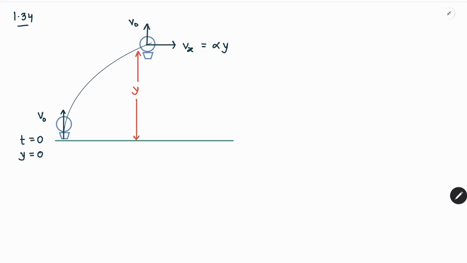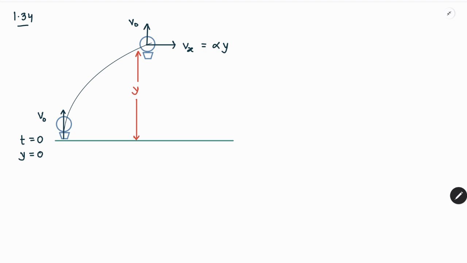Now as the value of y is constantly changing with each ascent, a horizontal component of velocity which is equal to alpha y also comes into action. So at this value of y which we have drawn over here, a horizontal component of velocity alpha y will also be present along with the vertical component of velocity which is equal to v0.